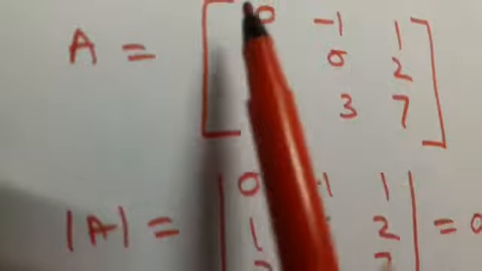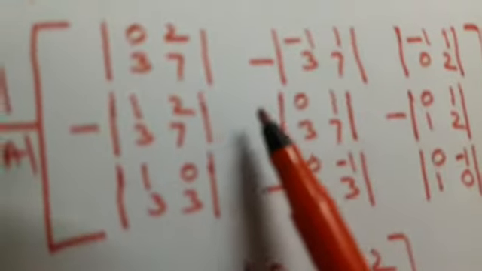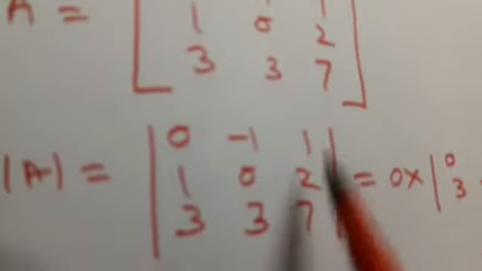Then for 0, the remaining elements are 0, 1 and 3, 7, with positive sign. Next, with alternating sign negative, for 2 the remaining elements are 0, minus 1, 3, 3.